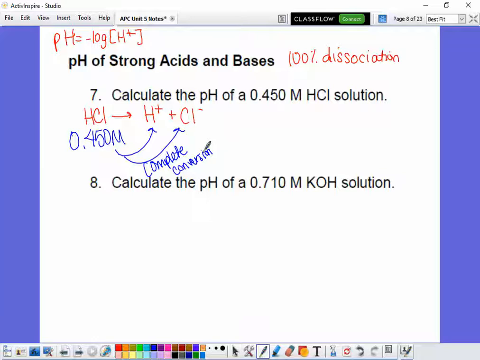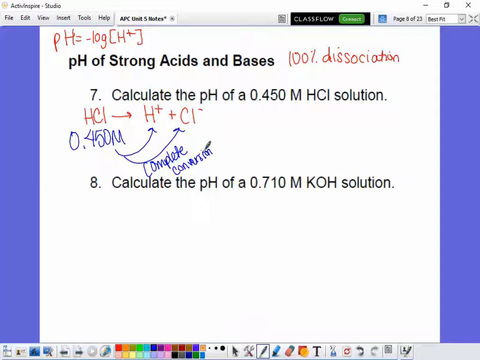It's like in Unit 2 when we were talking about finding concentration of ions for an ionic compound. You just took the initial concentration and multiplied by the coefficient on the ions. But that only works when it's 100% conversion.